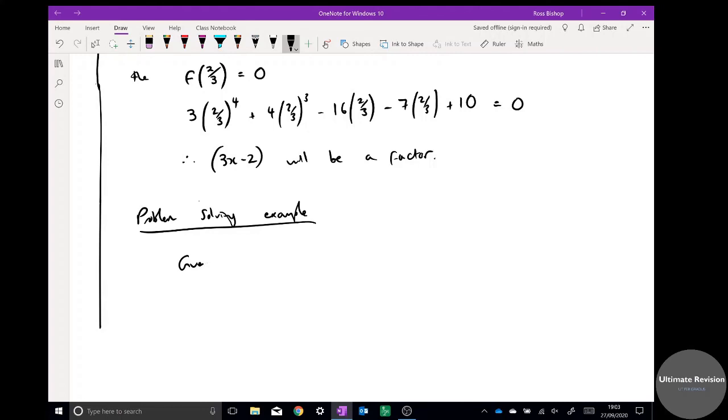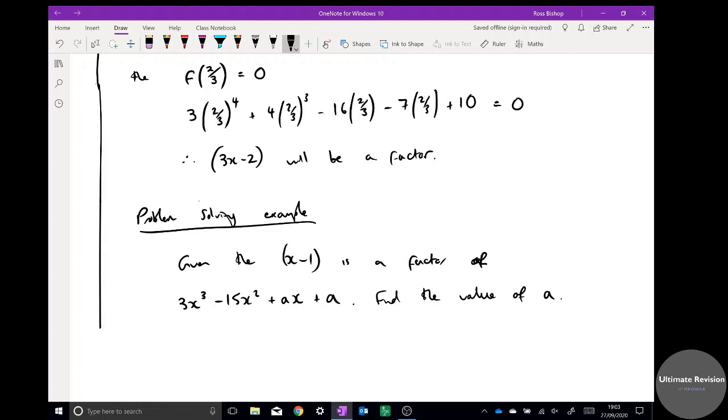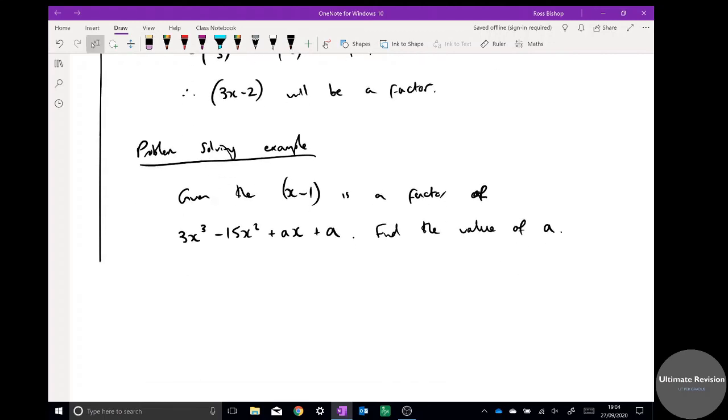So given that x minus 1 is a factor of 3x cubed minus 15x squared plus ax plus a, find the value of a. Okay, so given that that is a factor of that cubic, find the value of a.